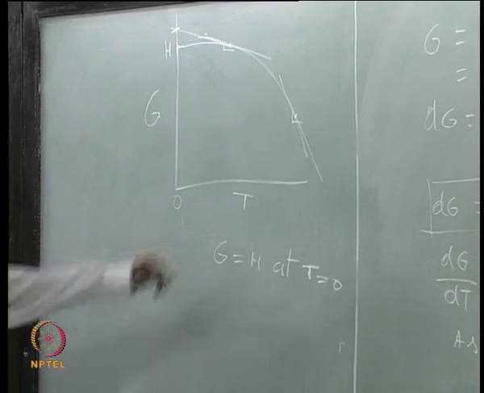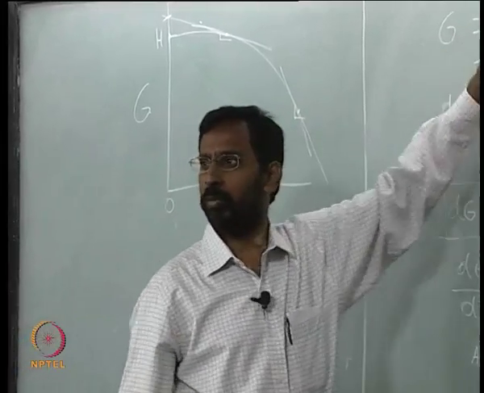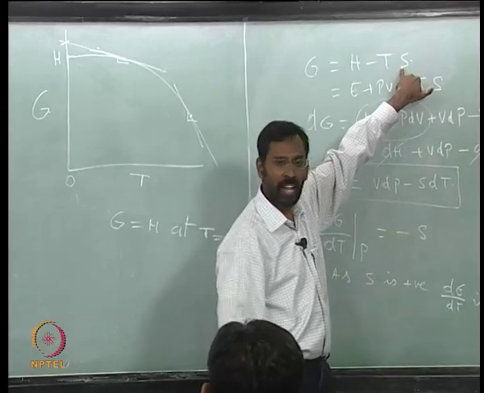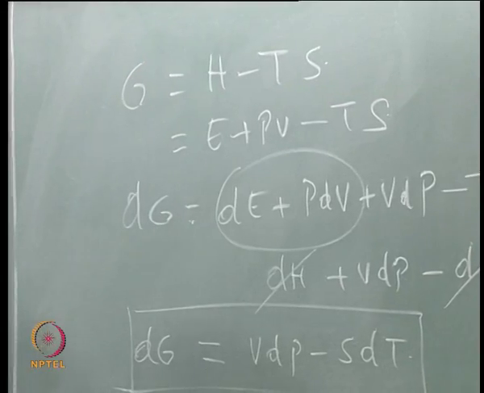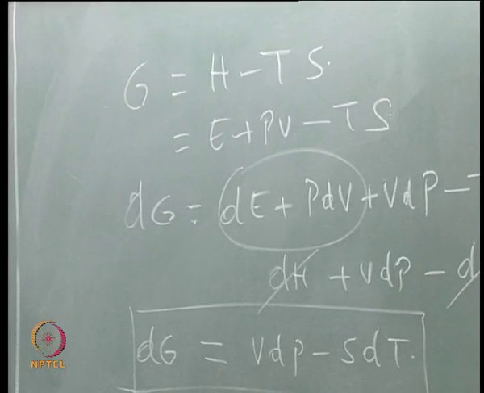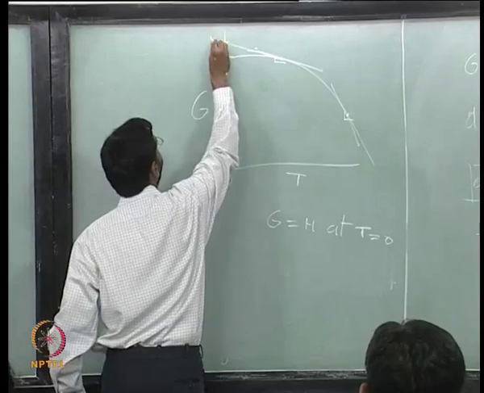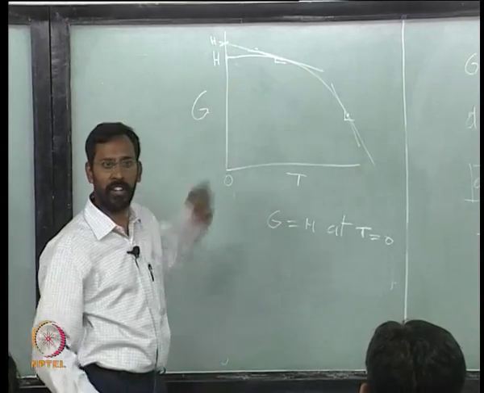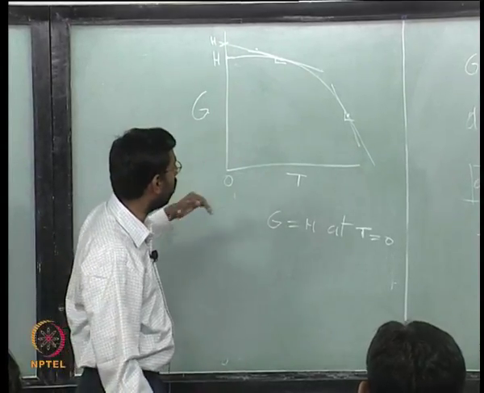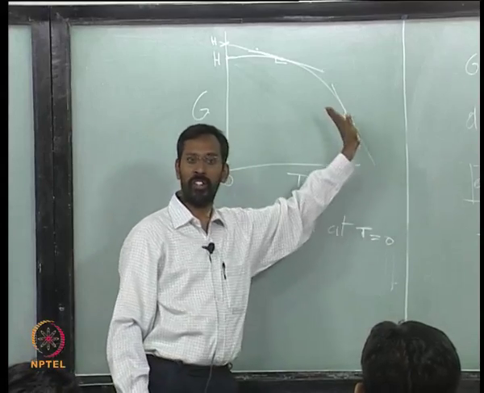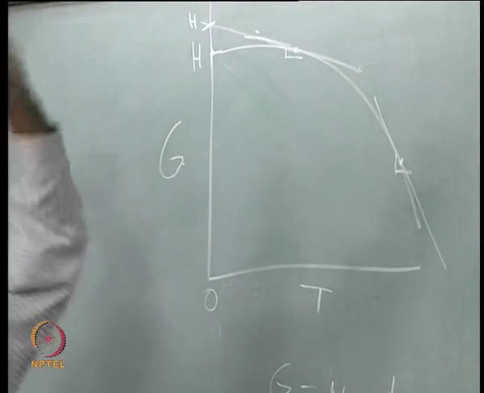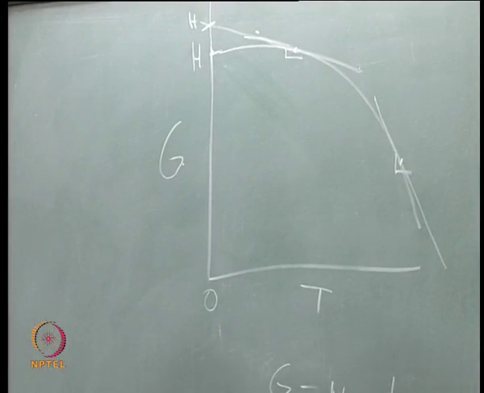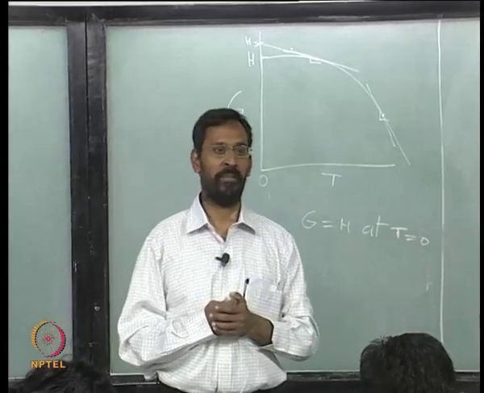H, because G is H minus TS and the slope is the S, we are talking of dG, and this value is the intercept. So you will always get the intercept as the H at different temperatures, and in principle you can see as I increase the temperature the slope is increasing, as a result the intercept also will increase, which also gives you an idea that the H increases with increasing temperature.